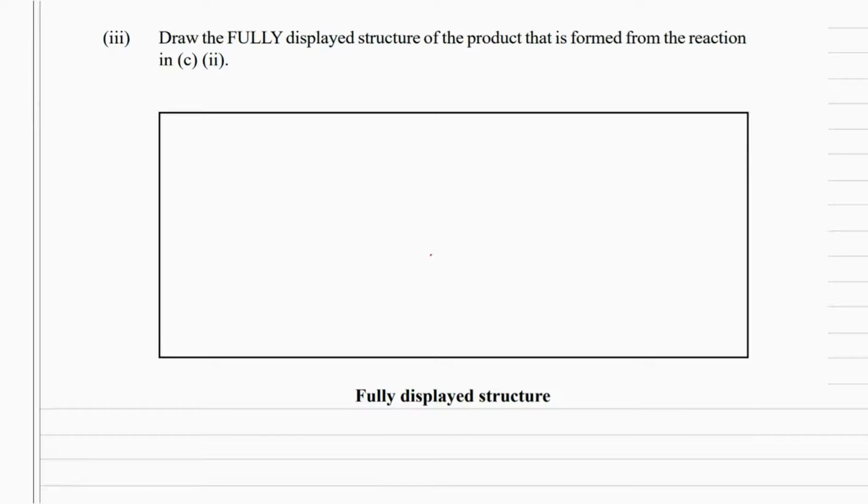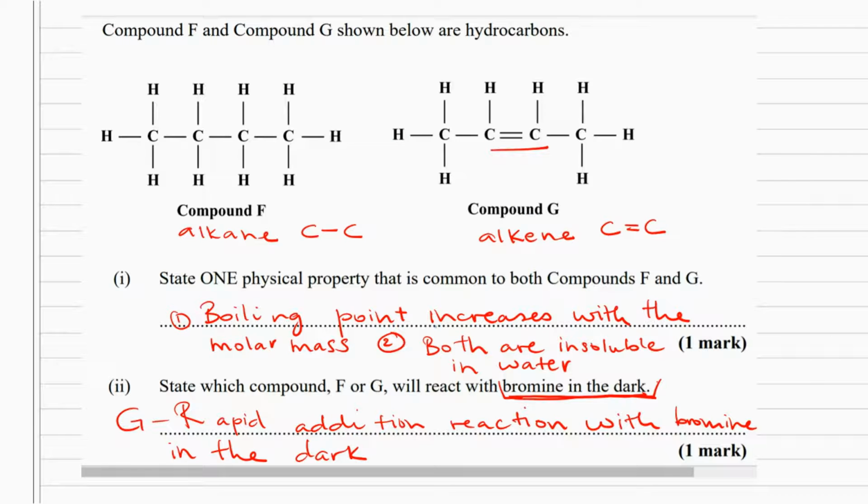Now it says, draw the fully displayed structure of the product that is formed from the reaction in C2 above. That's the reaction between the alkene, which is butene. We didn't name them, but let's name them. 1, 2, 3, 4, so you know it's 4 carbons.